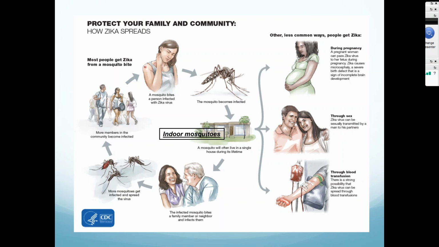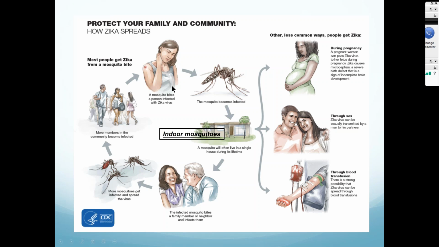If you look at how to protect yourself and your family from getting this disease, remember the mosquito can be in an area that's endemic to the disease, but you don't have to be there. Someone could have traveled there. If the mosquito gets infected with the virus and then bites someone else, the person who gets the bite could be infected.